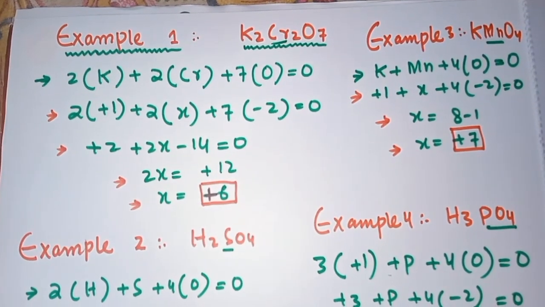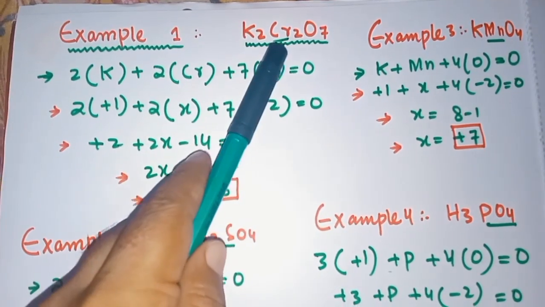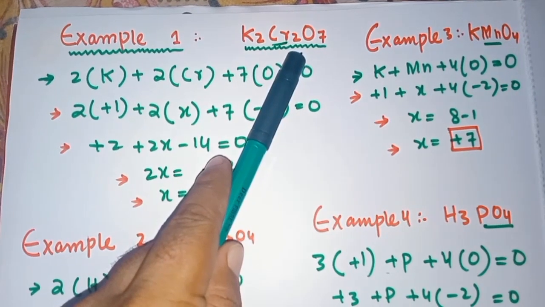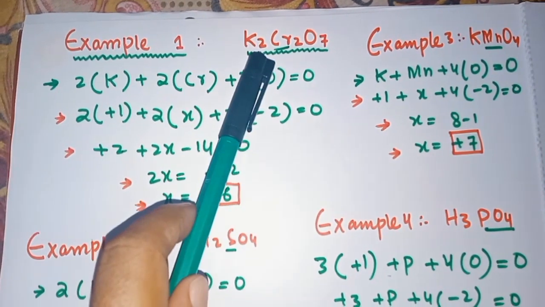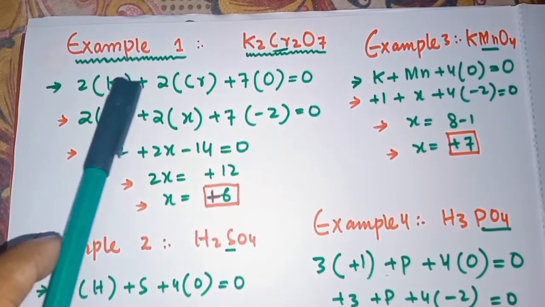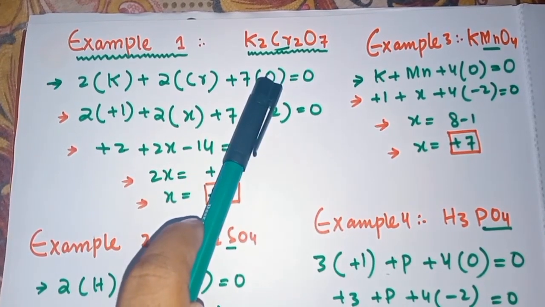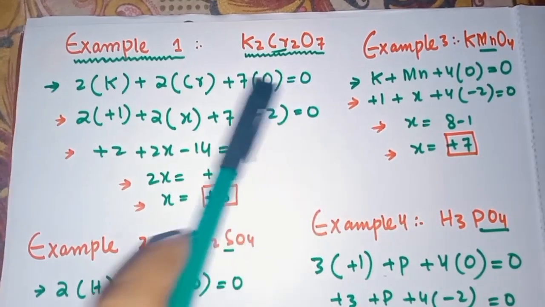Using these steps we can find the oxidation number of chromium in potassium dichromate. By using tip number 6, we have 2K + 2Cr + 7O = 0.